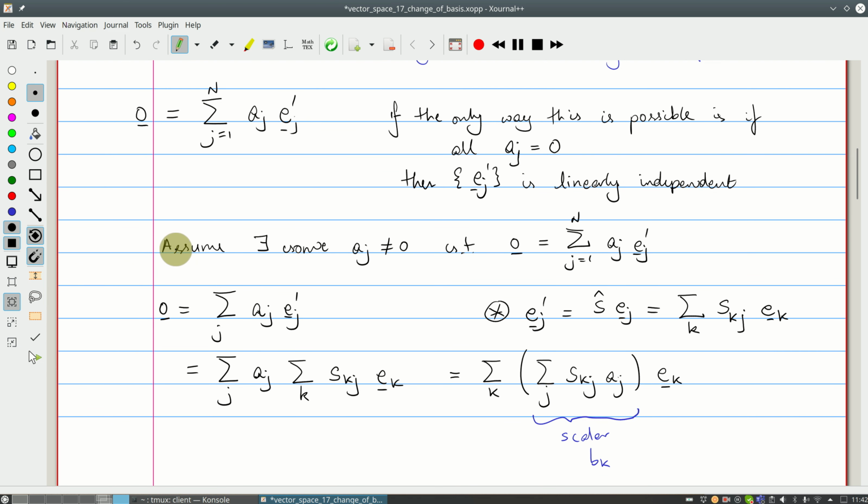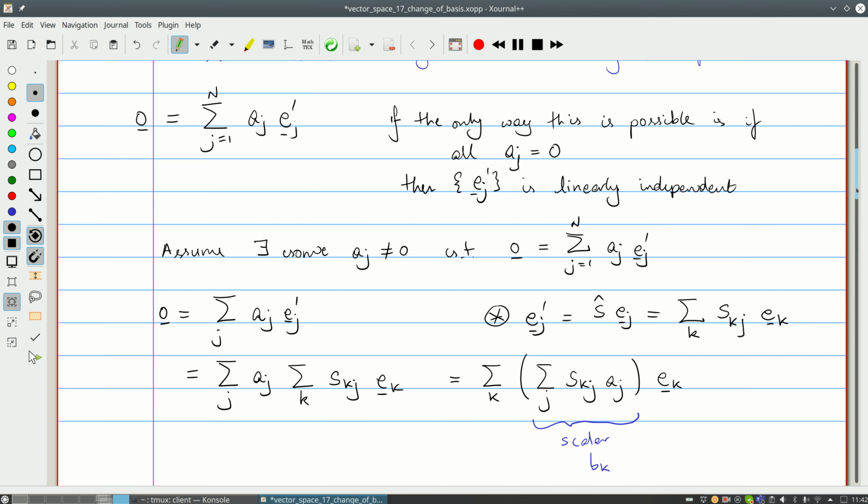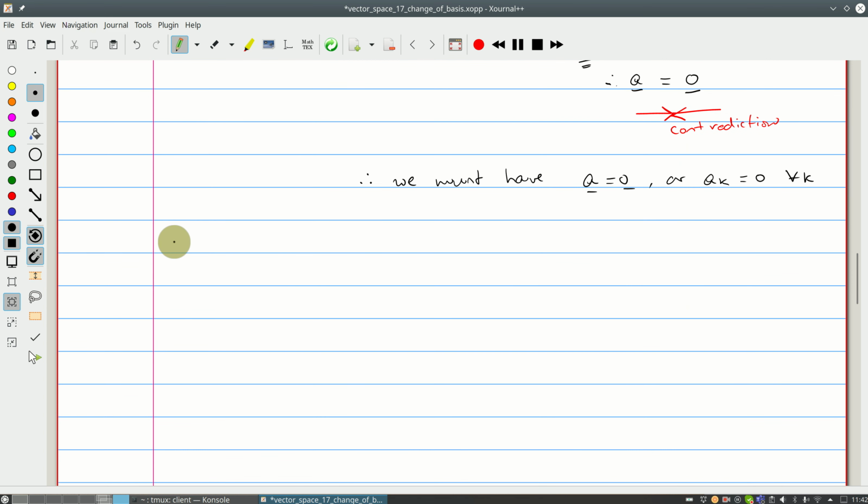So this assumption is wrong, and what that means is that this is the only solution we can have, and therefore the set of vectors e_j prime is linearly independent. Therefore, if S hat inverse exists, i.e. if the matrix S inverse exists, then the e_j prime basis, or set of vectors, is linearly independent.